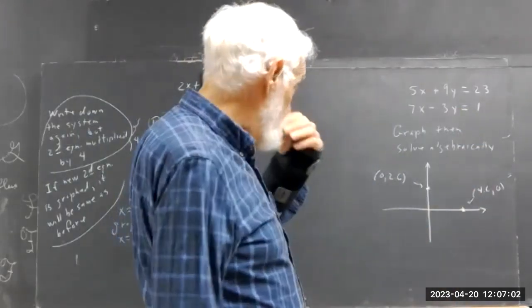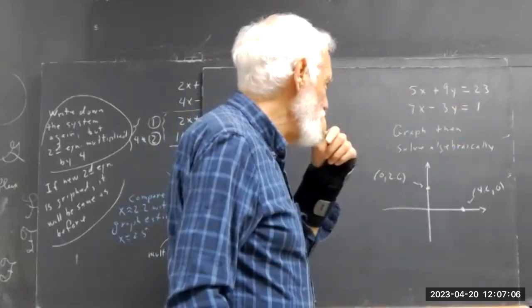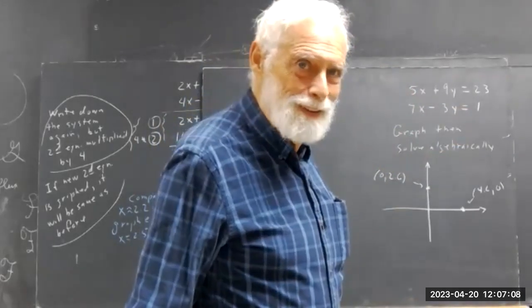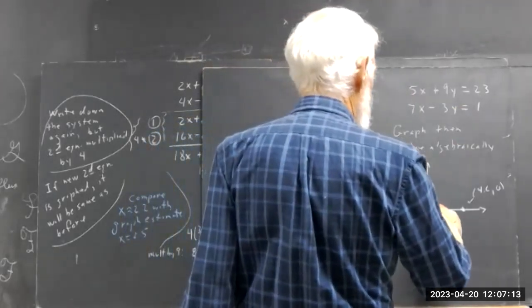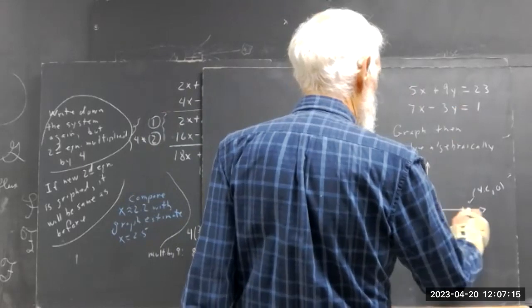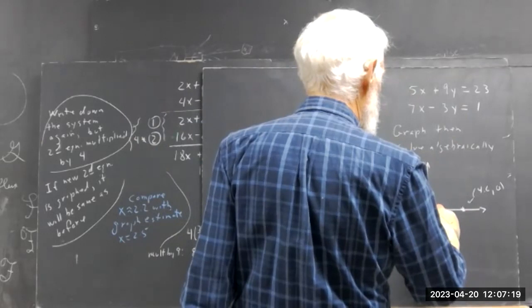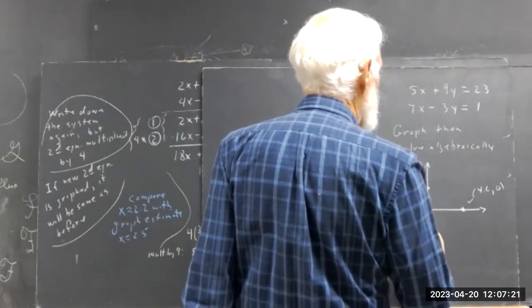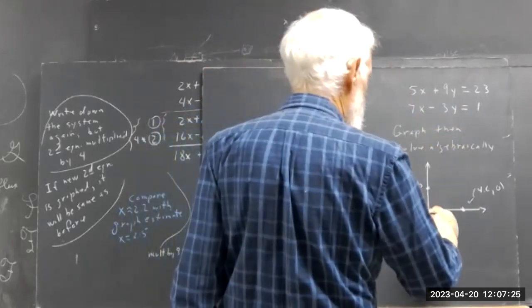Now I threw a curveball at you, but I used the small number 1 here. If y is 0, x is 1/7. But where is 1/7? Well, 1/7 is like here. And if x is 0, y is negative 1/3, which is like here.